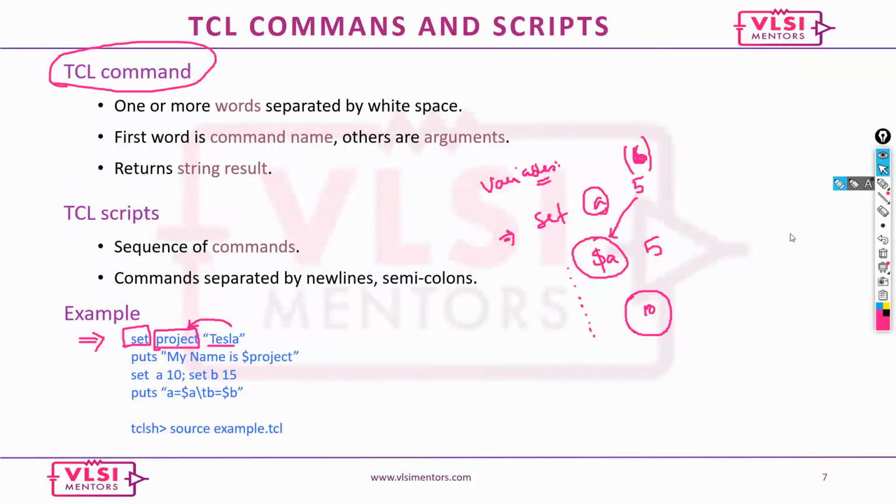Each line is treated as one command. If you want to keep two commands in the same line, for example one command and then set a is 10, then you have to use something called a semicolon. So each line is treated as one command, but when you want multiple commands in the same line, you can use the semicolon.